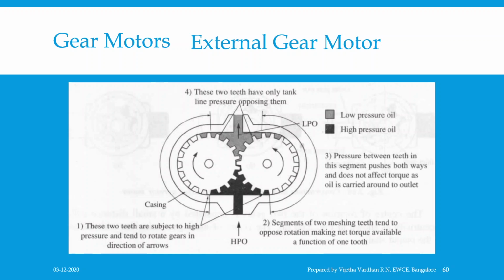The torque developed is a function of hydraulic imbalance of only one tooth of one gear at a time. The other gear and teeth are hydraulically balanced. The close tolerance between gears and housing helps in controlling oil leakage and increases the volumetric efficiency.